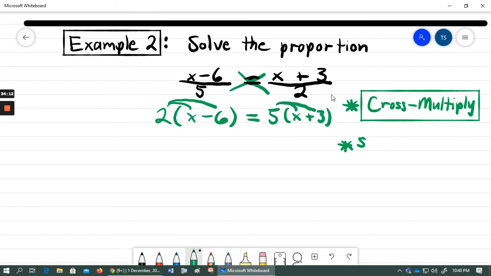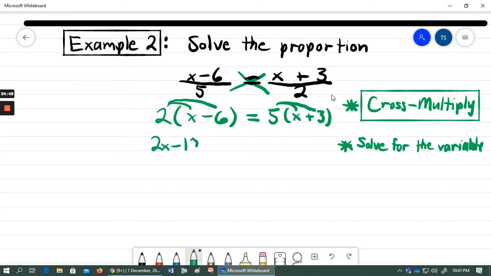If we have this equation with 2 on the outside of the parentheses and 5 on the outside of the parentheses, then we should know that a part of solving for your variable is using the distributive property. I would hope that you guys would remember that, because this shouldn't be anything new as far as solving this type of equation after we cross multiply. All right. Let's move on. We've got to hurry this up here.